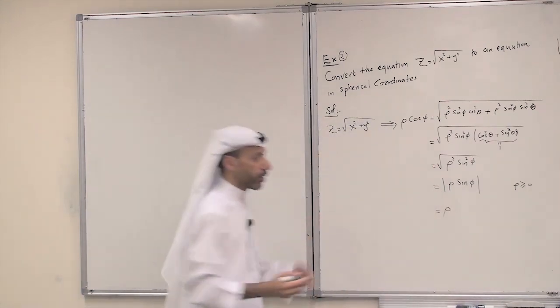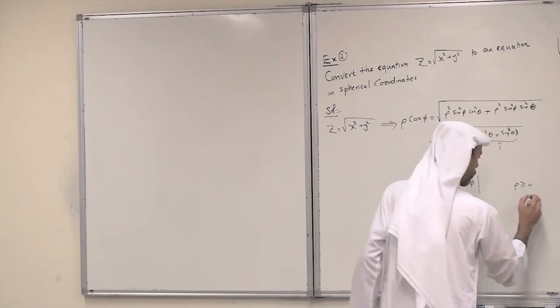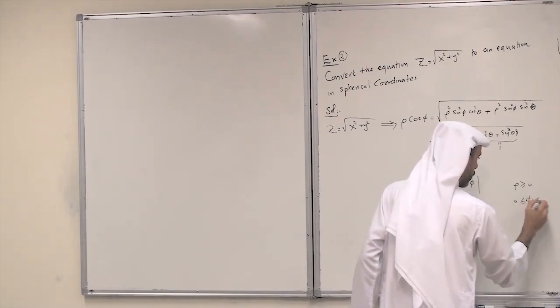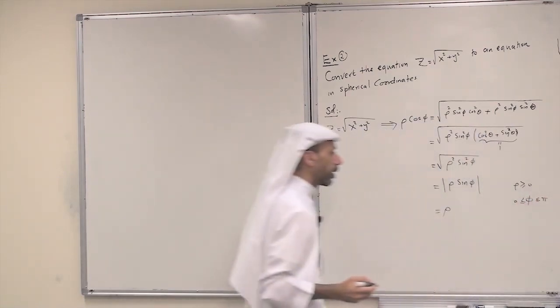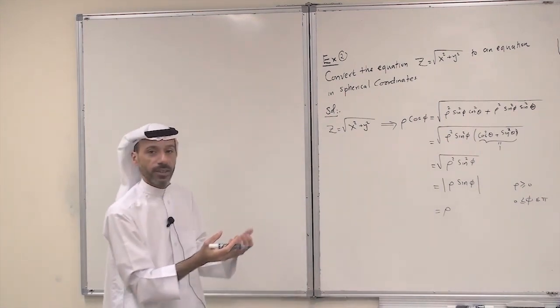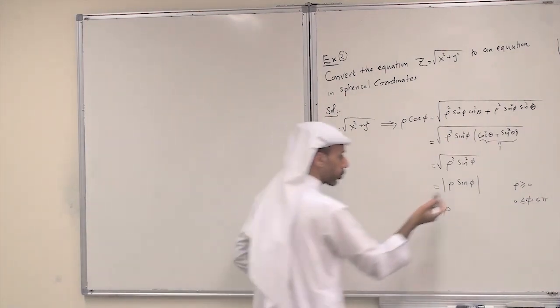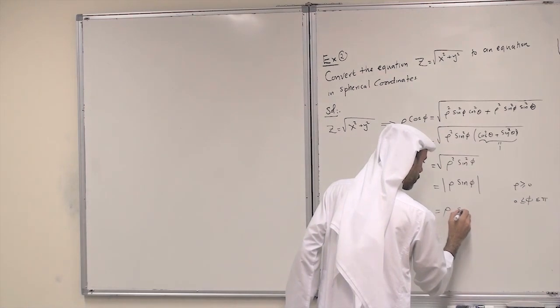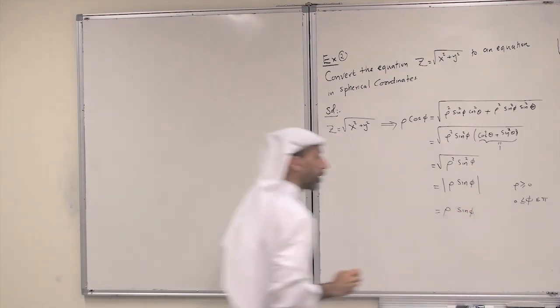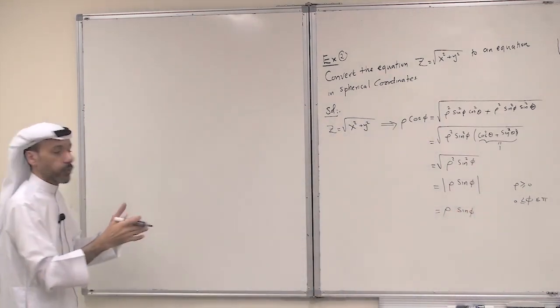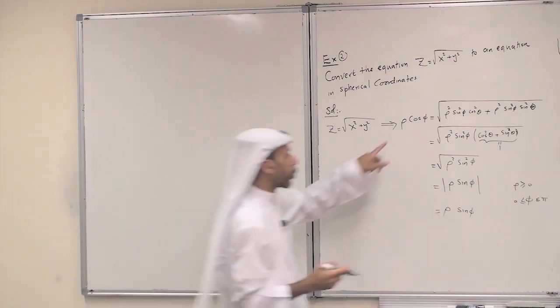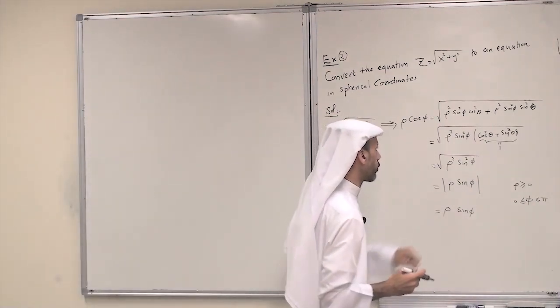But also sine phi is positive because phi is between 0 and pi, so sine phi is also greater than or equal to 0. So it comes out as sine phi. So the absolute value of rho sine phi equals rho sine phi. So I have rho cosine phi equals rho sine phi.